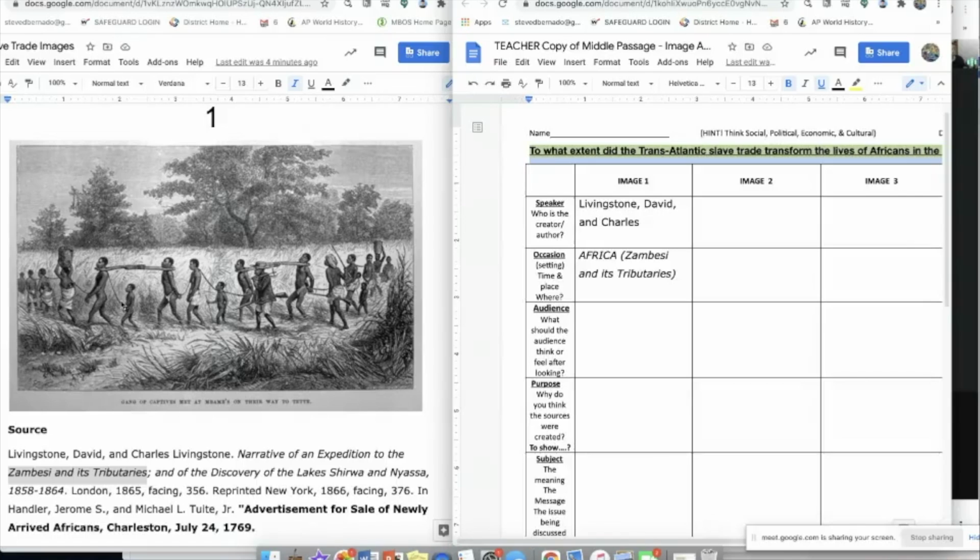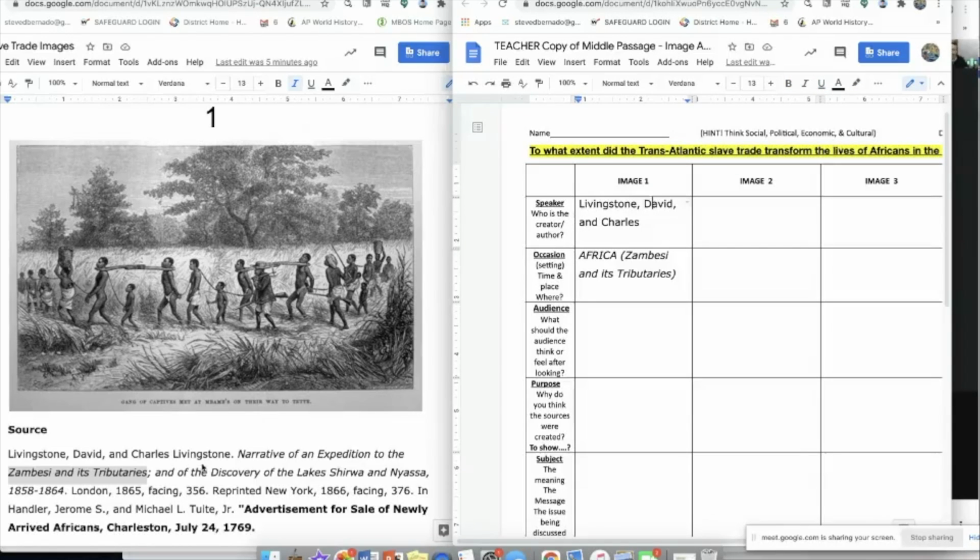They seem to have their hands tied and their necks bound, and there's rope that's tied them all together, and many of them are wearing little to no clothes. And it seems, if you look closely in the center, that there's an individual with a gun, and he seems to be walking them through a forest, through the woods, through the jungle, a natural environment. So that's what it looks like. These look like captives.